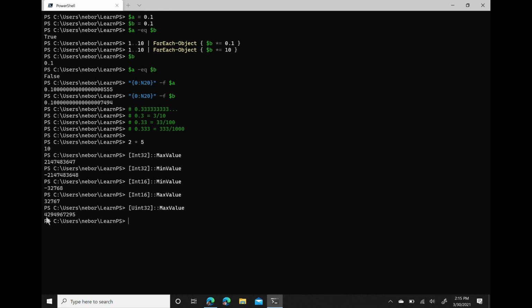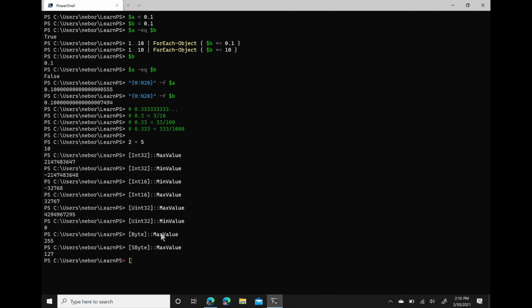So the highest bit can be set to 1 for unsigned, but the min value is simply 0. And finally, as far as integers go, the 8-bit types are called byte for an unsigned 8-bit type, and sbyte for a signed 8-bit type.